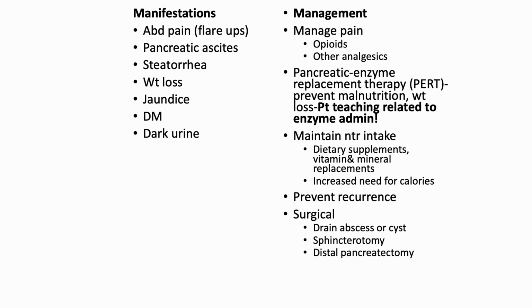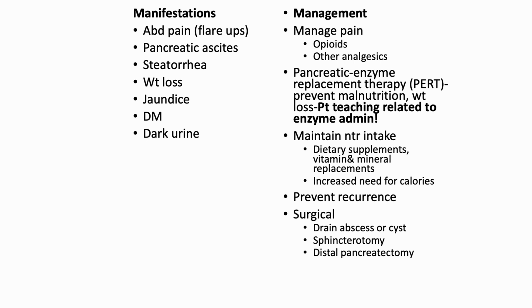And what does chronic pancreatitis look like? It looks the same as the acute, but when they have flare-ups, abdominal pain, they can actually have pancreatic ascites. The steatorrhea, we talked about that because there's less fat absorption. Patients are going to lose weight. They're nutritionally depleted.